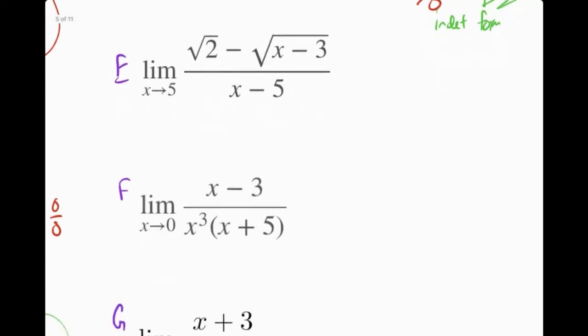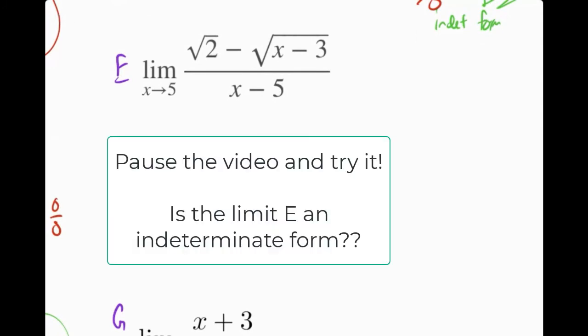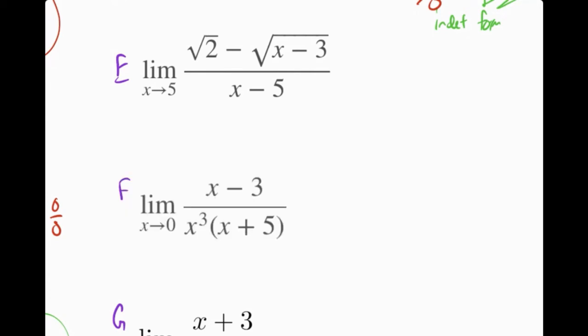Let's do E. Is the limit E an indeterminate form? Again, there's no cost to being wrong. Worst case scenario, you're wrong, and then we talk through the answer, and then you find out what the right thing was and why it was the right thing.